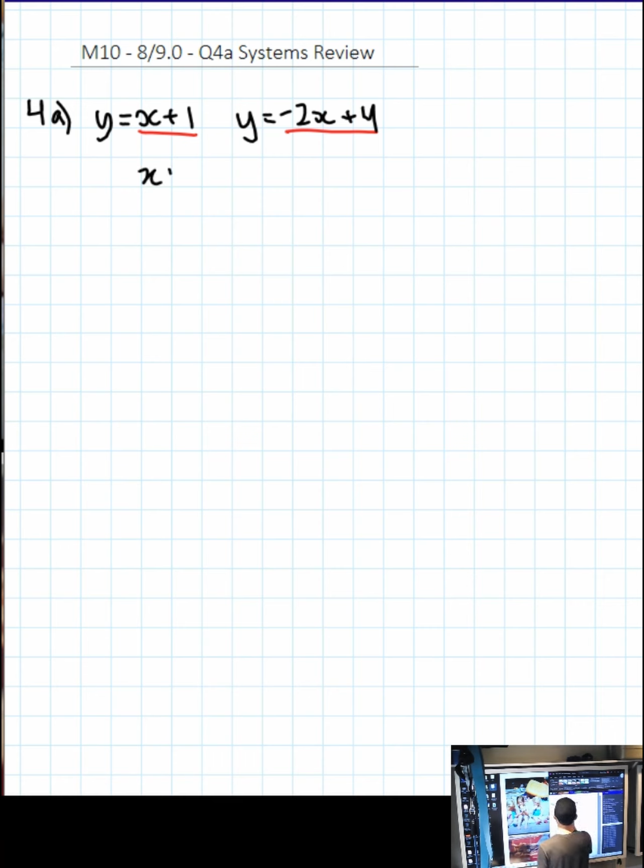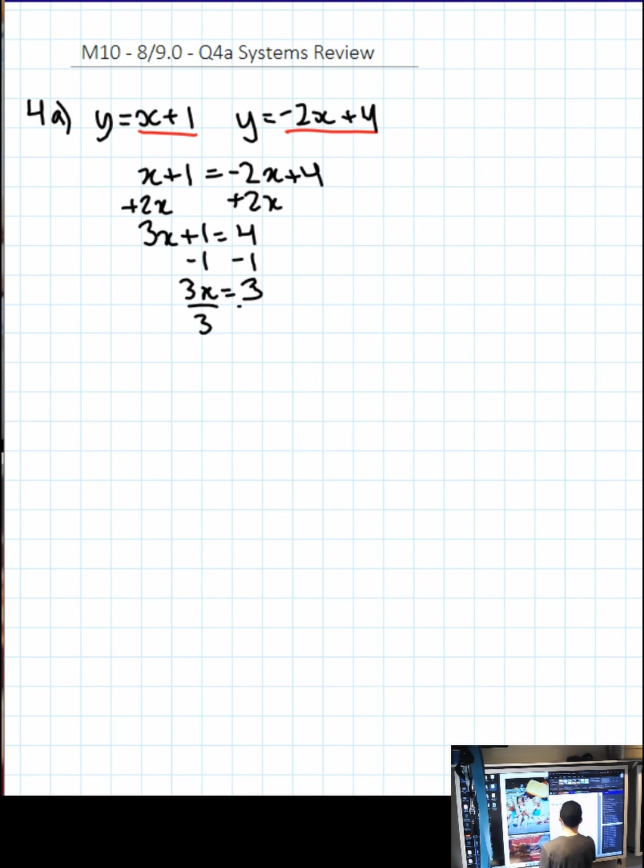So we can substitute. So then we can solve the equation. So we can add 2x to both sides. Then we can subtract 1 from both sides. Then we can divide both sides by 3, and we get x equals 1.